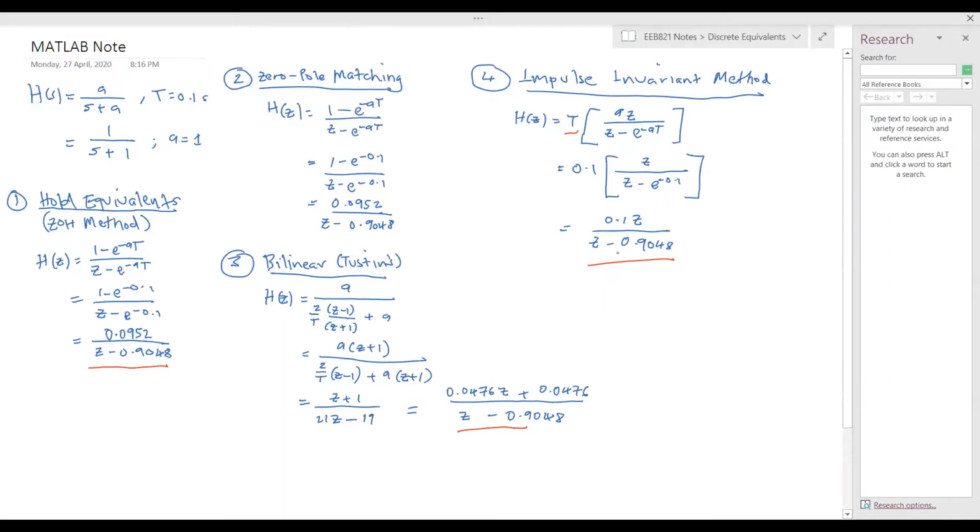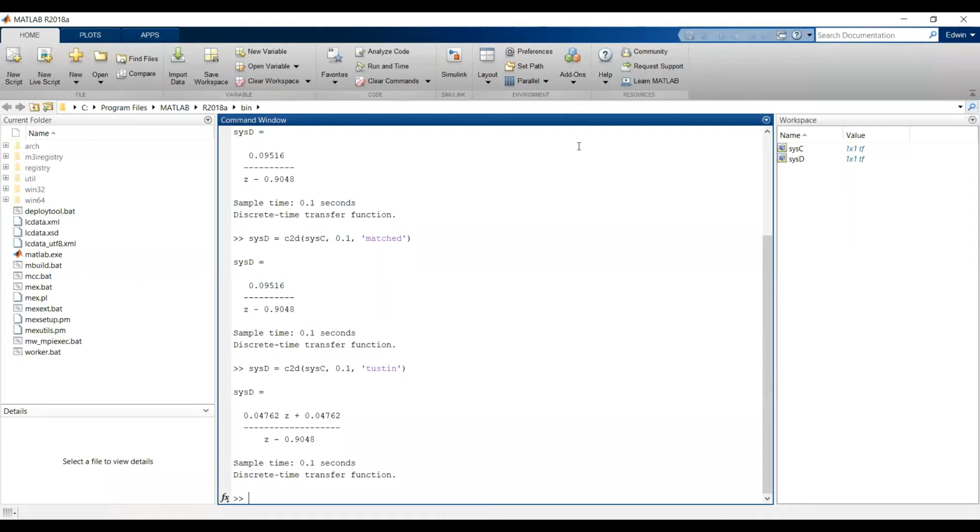Now let's look at MATLAB. Now in MATLAB, using the C2D function and using the method impulse, we can get the impulse invariant equivalent transfer function in z.